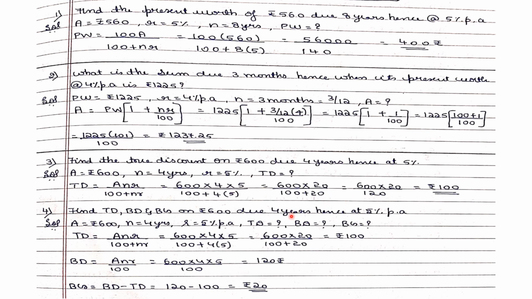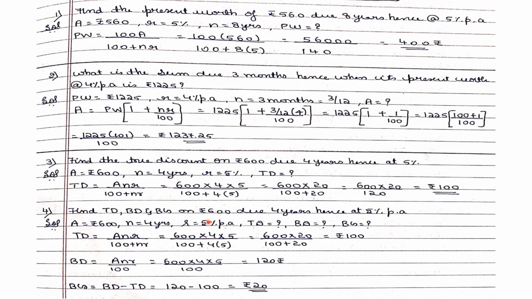Here you have to find out the true discount, banker's discount and banker's gain. If you find out the true discount and banker's discount, then it's easy to find the banker's gain, that will be BD minus TD. True discount value is ANR divided by 100 plus NR. Banker's discount will be ANR by 100. Let us analyze what has been given.